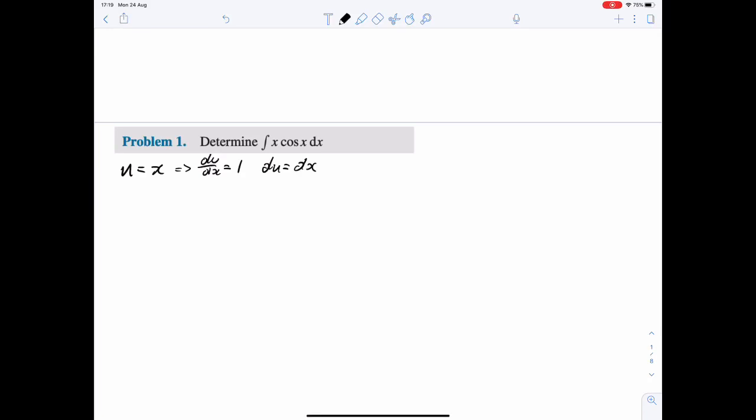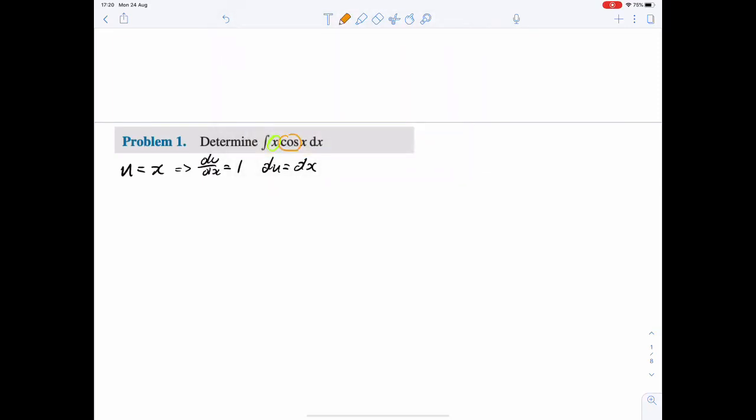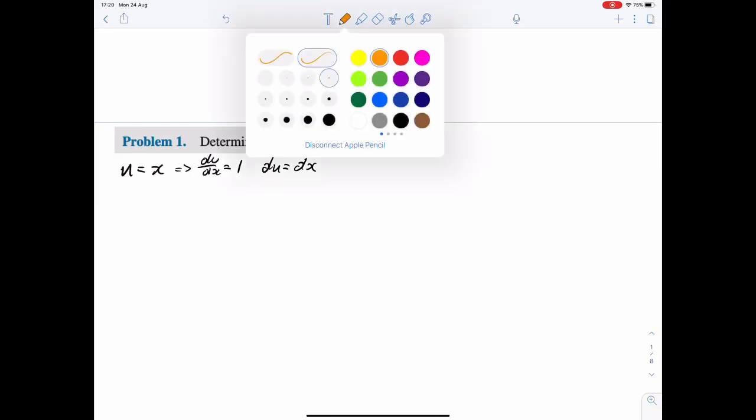So that's all good. And then the second part: we already identified what's u, so that's this part, and now the second part is my dv. So cos x dx is dv.